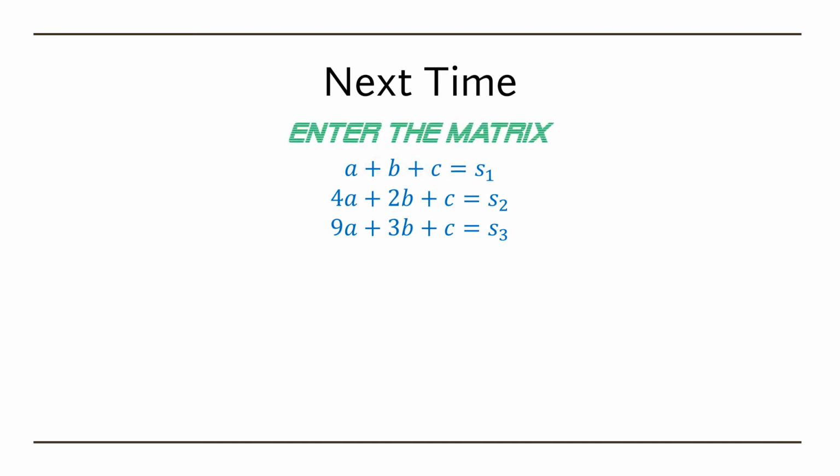So next time, what we're going to do is look at a generic form of the 3 equations. And again, this is the set of simultaneous equations necessary to solve for a quadratic sequence. And what we're going to do is enter the matrix, aka we're going to look at linear algebra.